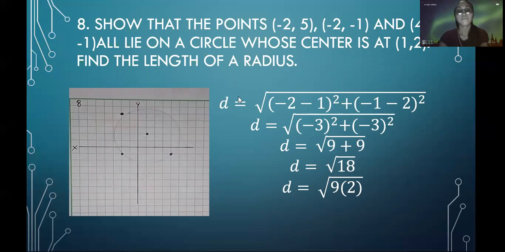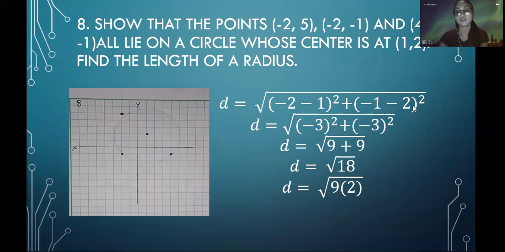Then after that, we are going to substitute the values of x and y. So d is equal to the square root of negative 2 minus 1 squared plus negative 1 minus 2 squared. So negative 2 minus 1 is negative 3 squared, plus negative 1 minus 2 is negative 3 squared. So negative 3 squared is equal to 9.